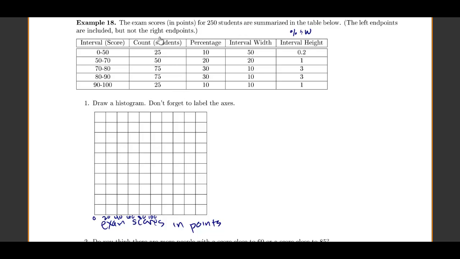Oh, I don't need to make it that small. Let's make it a little bit bigger. So 0, 20, 40, 60, 80, and 100. And for my vertical axis, I will do every 3 blocks as 1.